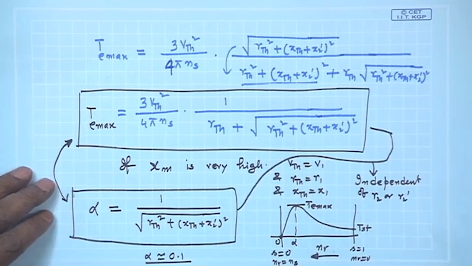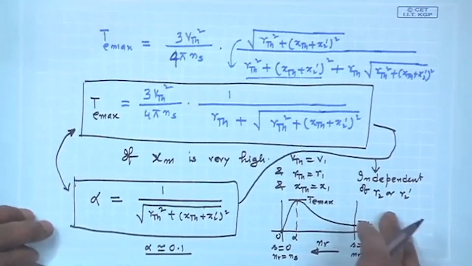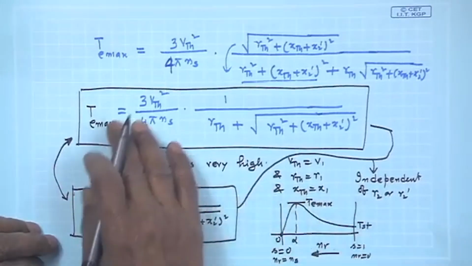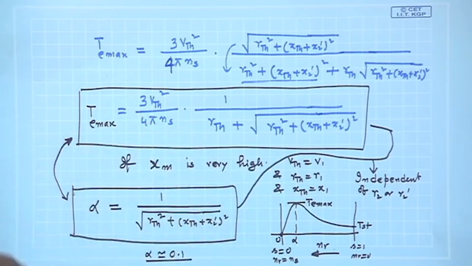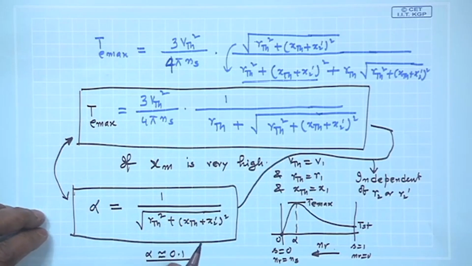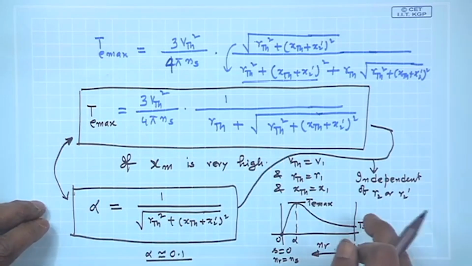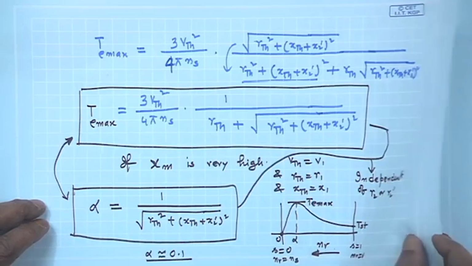R 2 and R 2 dashed are one and the same thing, reflected value. Therefore, T maximum and alpha, the slip at which maximum torque occurs, are independent of the value of R 2.